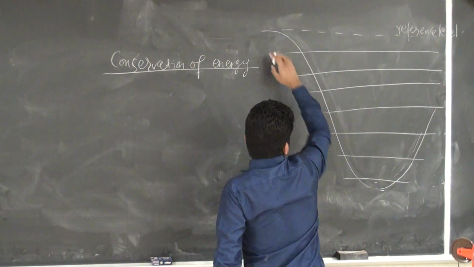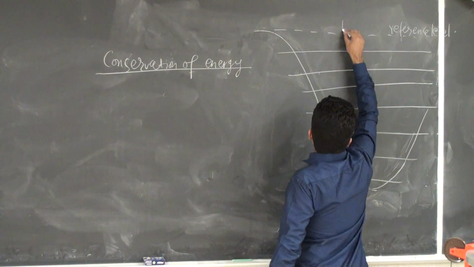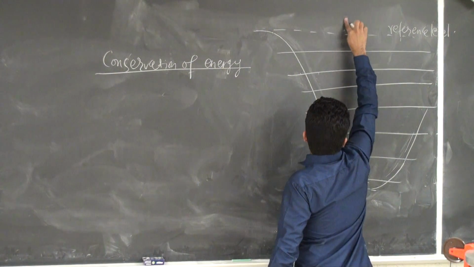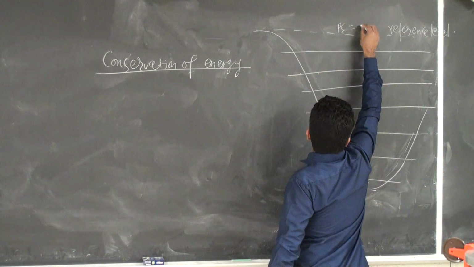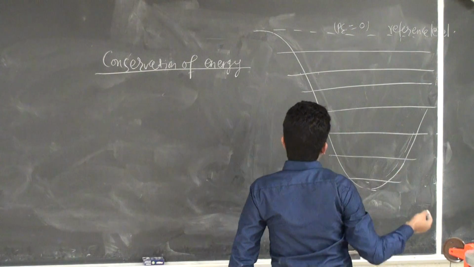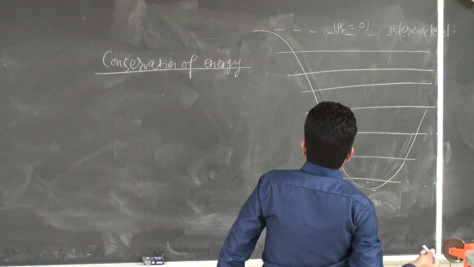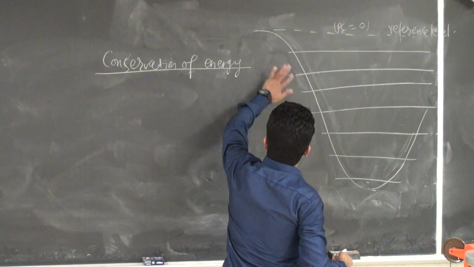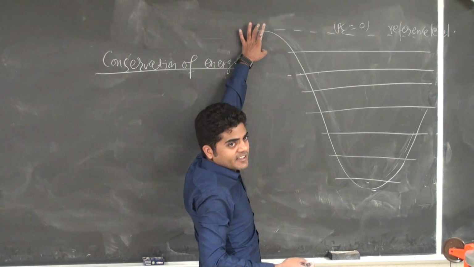At the reference level, the potential energy equals 0. And before releasing, the object is at rest, so the kinetic energy is also 0.